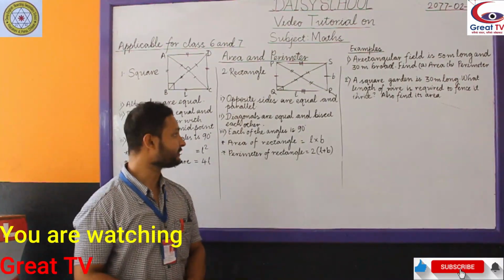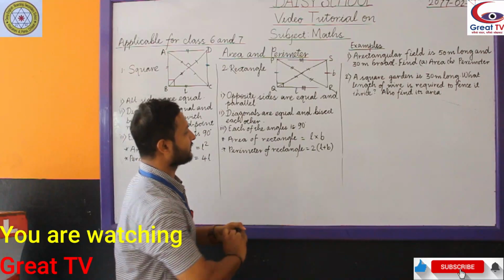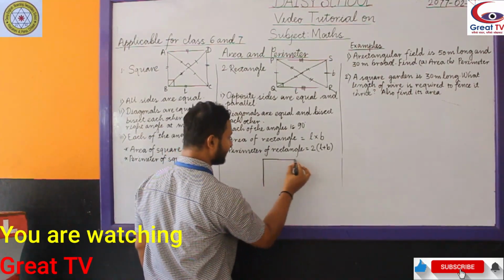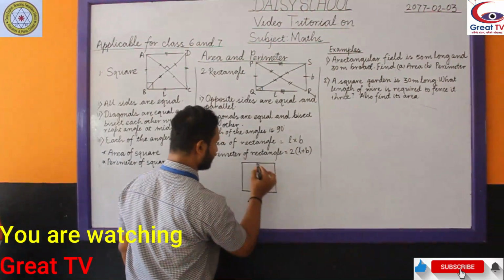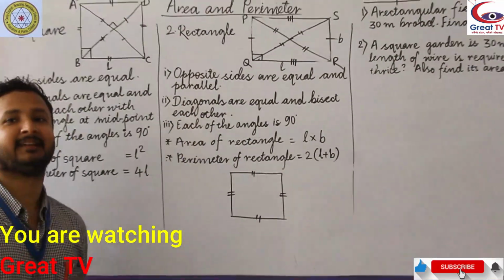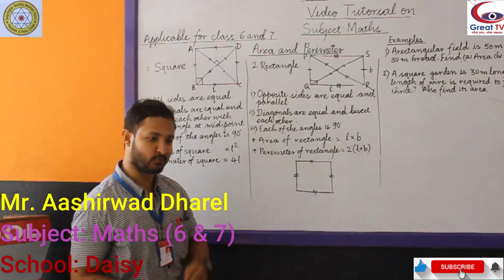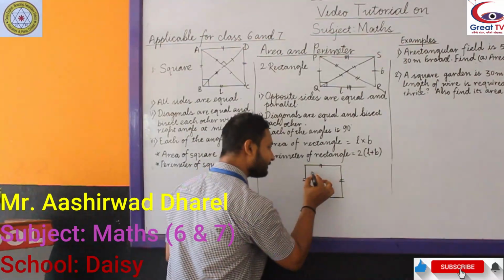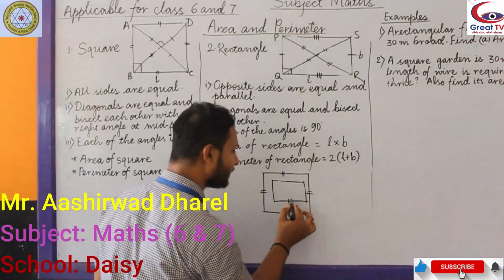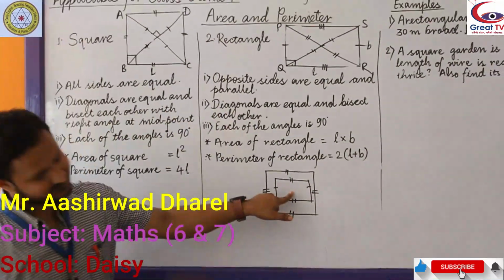Then I drew a picture over there, and I asked, what is this? And they told, of course sir, that is a square. Okay, then tell me, what is this?